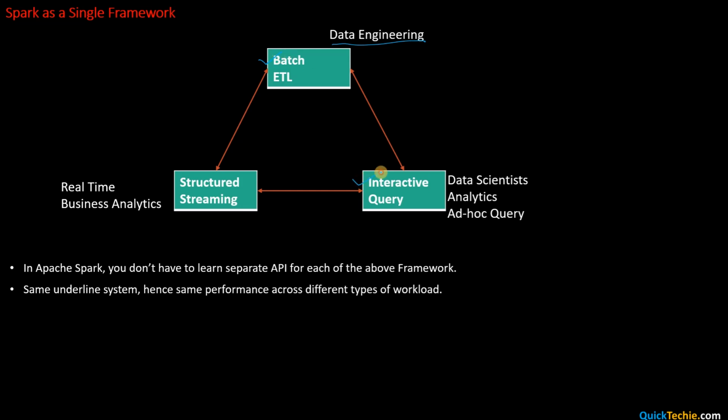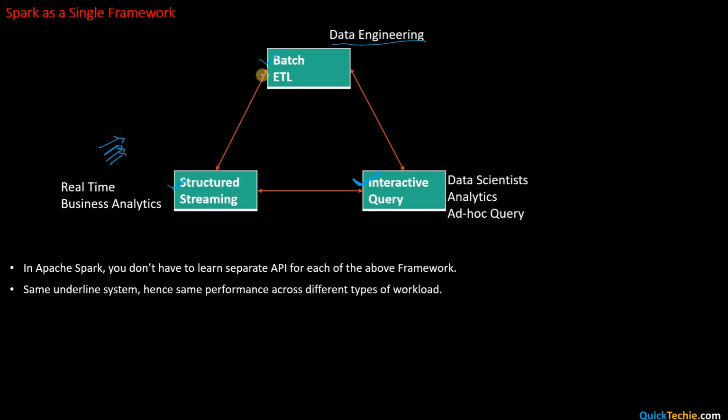Interactive queries we will do a lot of exercises around, and we will learn more; data scientists and analysts can run ad hoc queries using that. Structured streaming is for when you receive a real-time stream of data. Those can be processed using the Spark engine, and Spark provides a structured streaming solution for that.